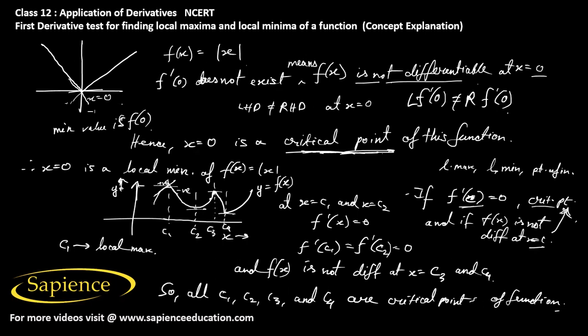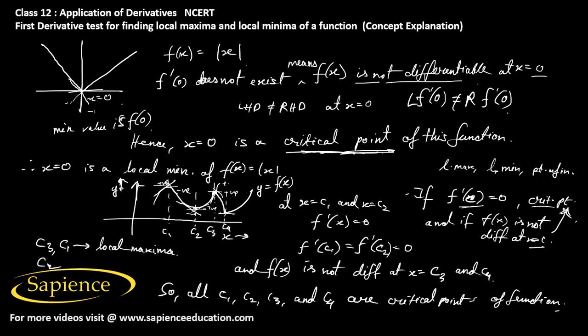And at point C3 also the slope is changing from positive to negative, so C3 is also a point of local maxima. But about C2, when x increases through C2, the slope of the function, f dash x, is changing sign from negative to positive.